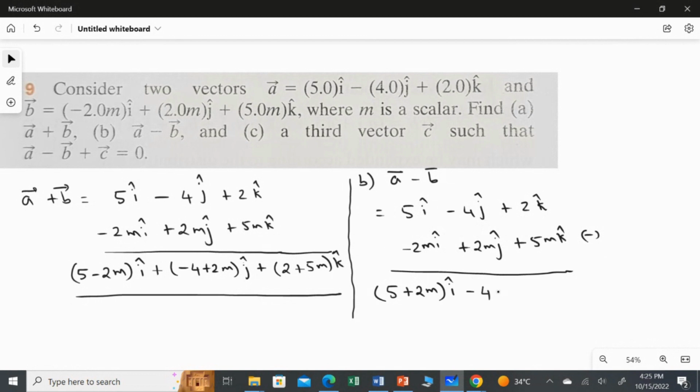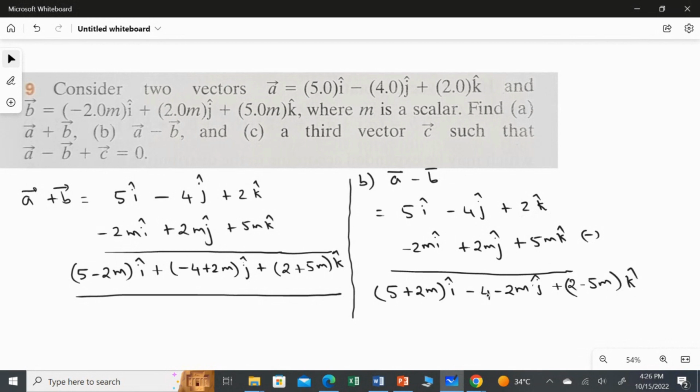Minus 4 minus of 2m, am I right? Minus of 2m j cap, here plus 2 minus of 5m multiplied by k cap.